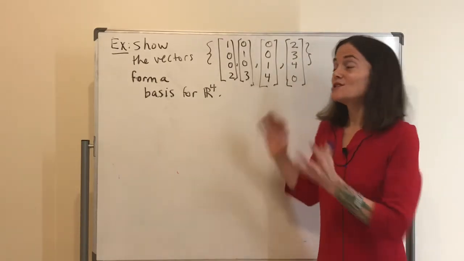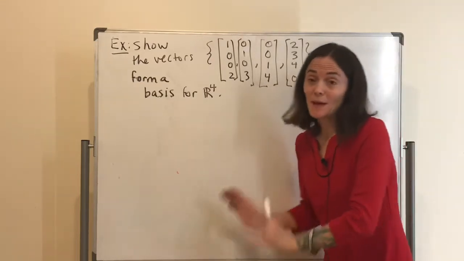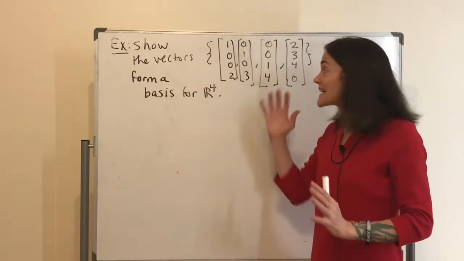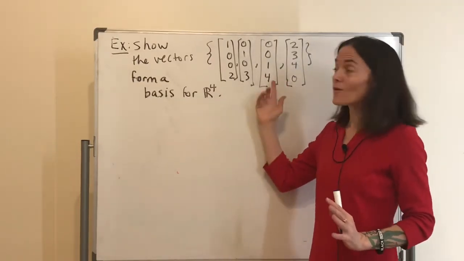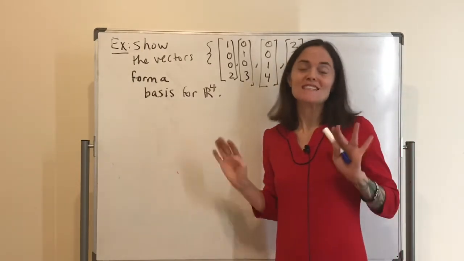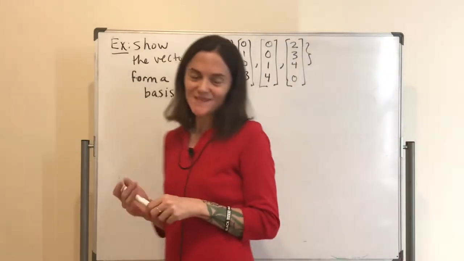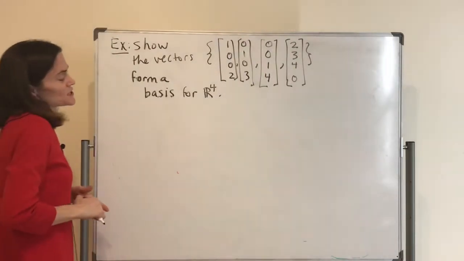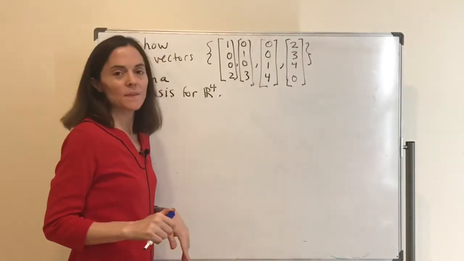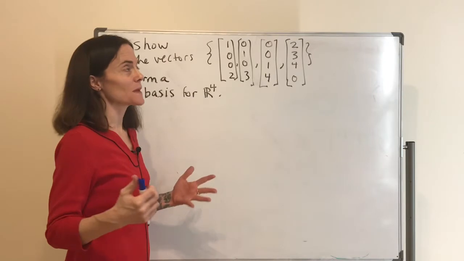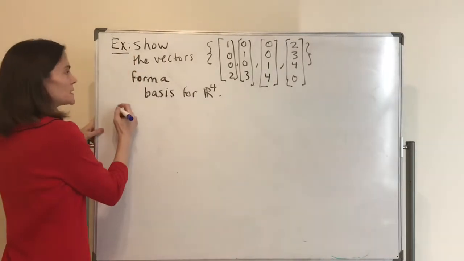Or I can just show that these vectors are linearly independent. And because I have the right number, 4 and 4, I don't have to do both to justify that I have a basis. So I'm going to just show they're linearly independent because we have all kinds of things we can do. So let's show they're linearly independent.